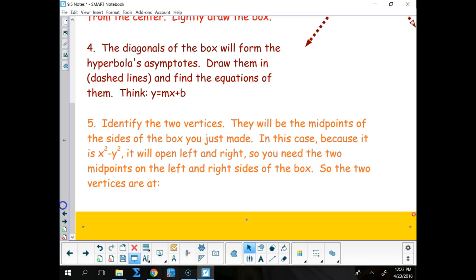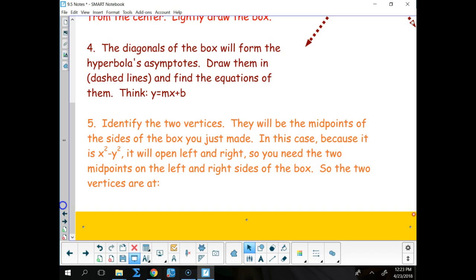Now, the hyperbola, just like the ellipse, has two vertices. They will be the midpoints of the sides of the box that you just made, on the sides that you determined in step number 1, which way it opened. So which way did we determine that this one opened? Left and right.